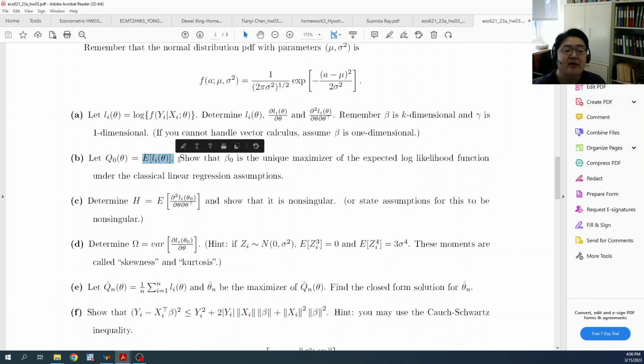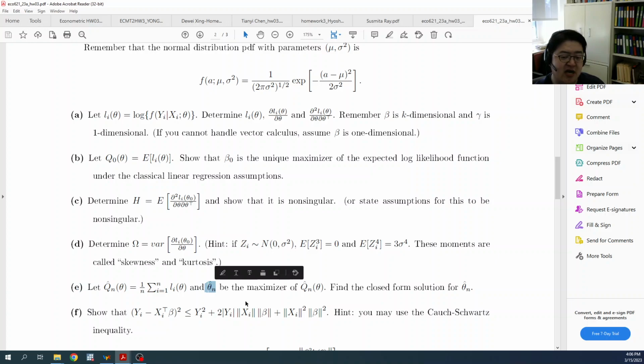If you had an infinite number of observations, you can identify beta 0, the true parameter, as the unique maximizer. But even in finite sample, you can still use the maximizer as an estimator. So these two are related, but they are different. So you have to use notation consistent with what you are dealing with.